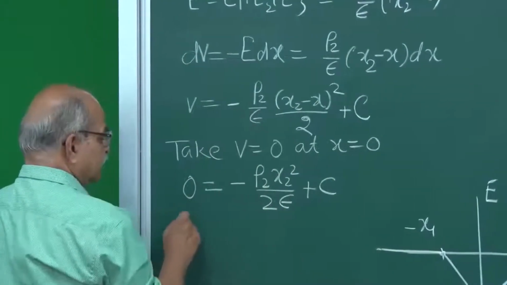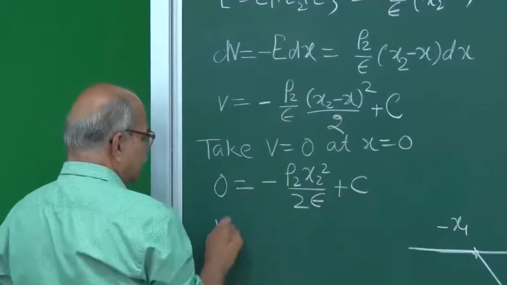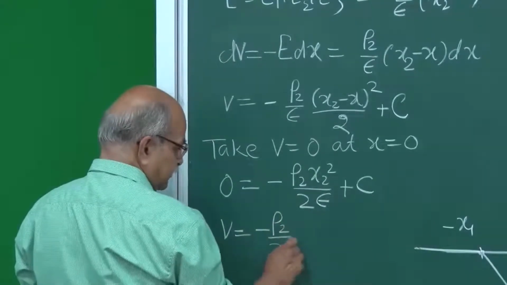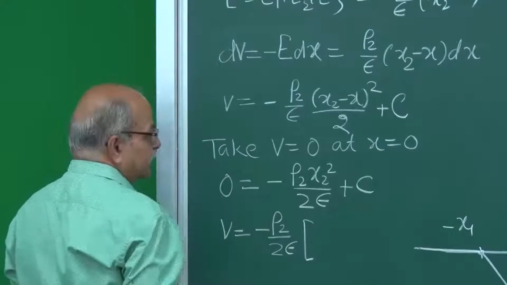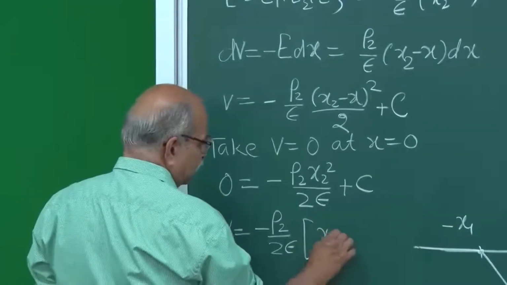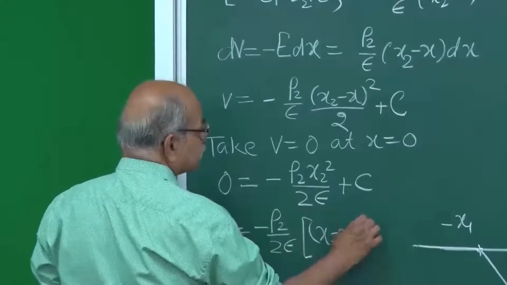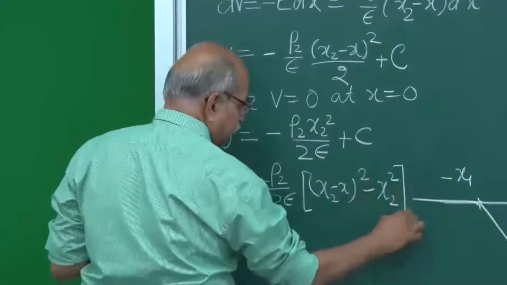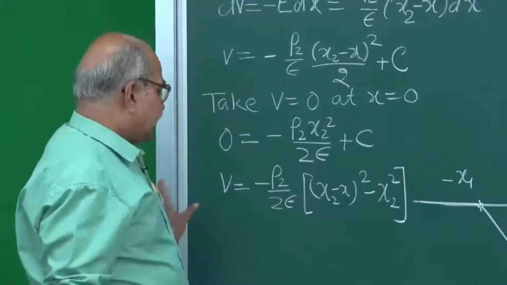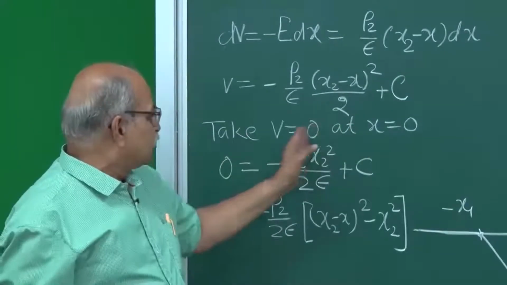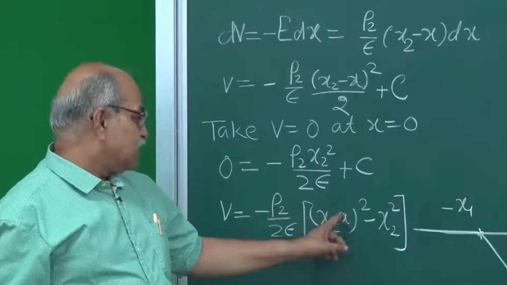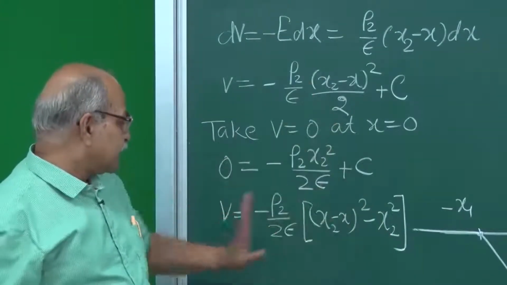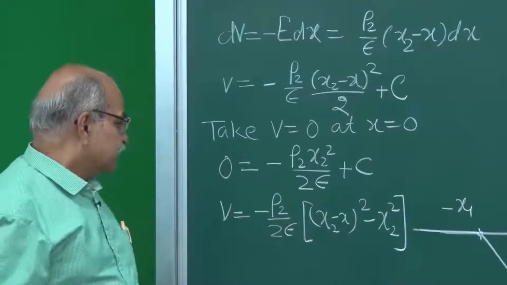You can put that c there and you get V is equal to minus rho 2 over 2 epsilon times ((x2 minus x) square minus x2 square). Let us check: at x equal to 0, V should be 0. It is x2 square minus x2 square, that is 0, that is fine. So, we have substituted it correctly. This is the expression for V.